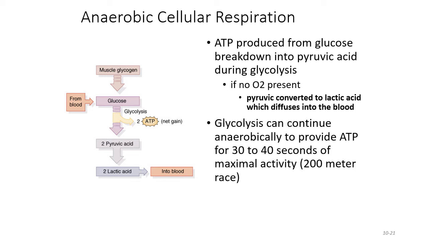Anaerobic respiration uses no oxygen. So in the process of forming ATP, we take our glucose and we're going to get 2 ATP from it. We go through the process of glycolysis. That glycolysis is going to get us 2 ATP, and it's going to provide energy for the cell.